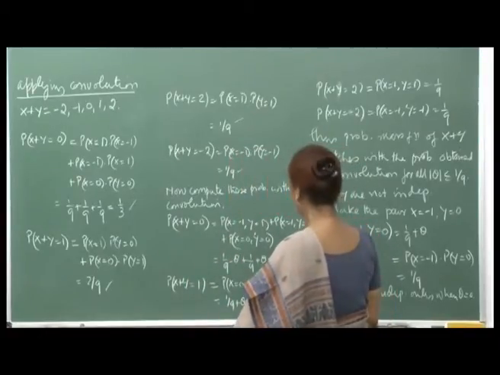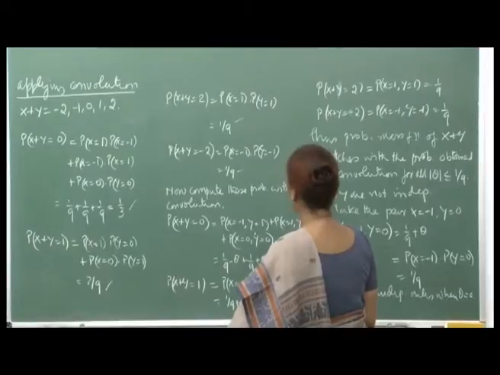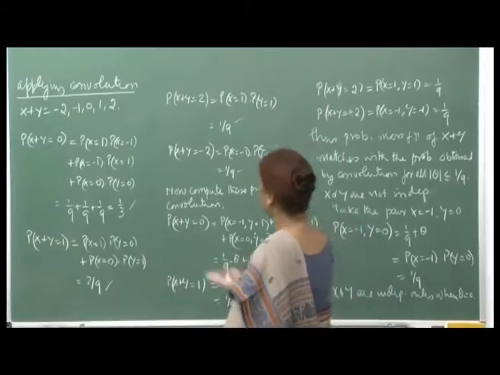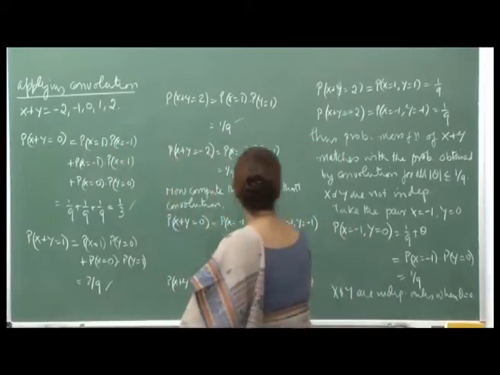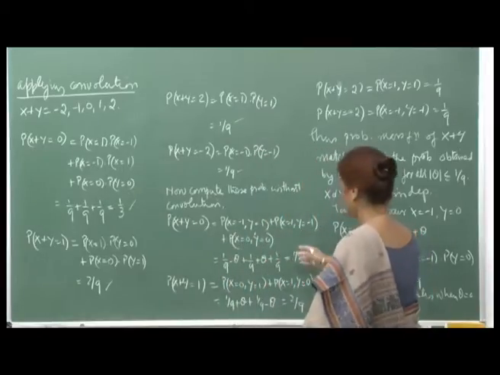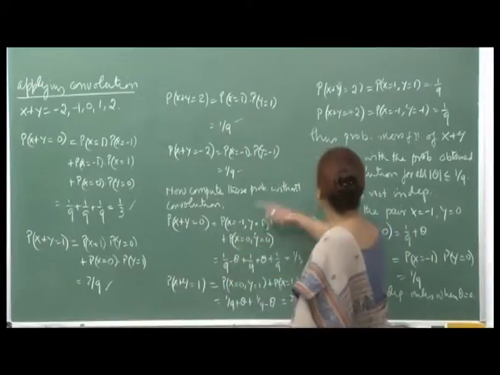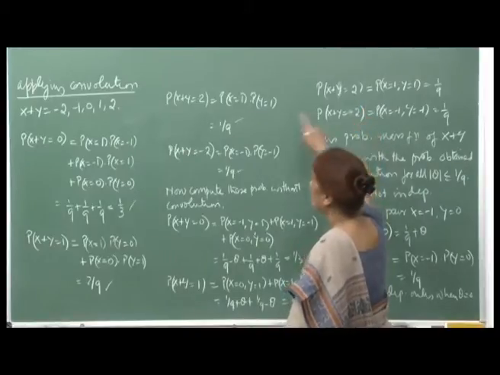So we have checked almost all values; maybe x plus y equal to minus 1 is left out, but we have otherwise checked for x plus y equal to 0, 1, 2 and minus 2.